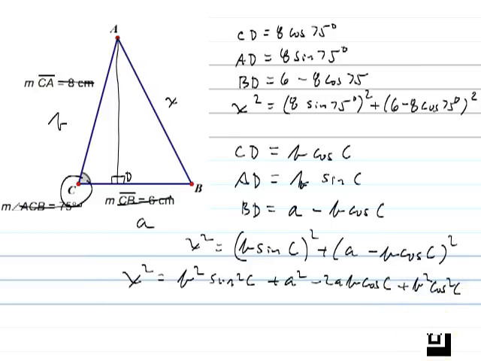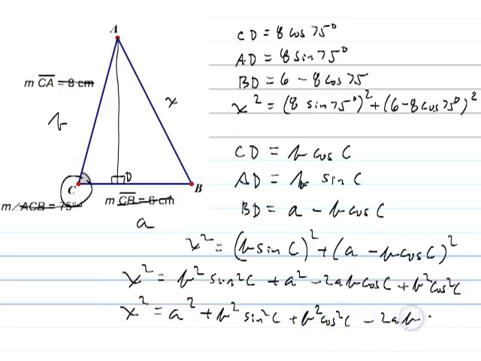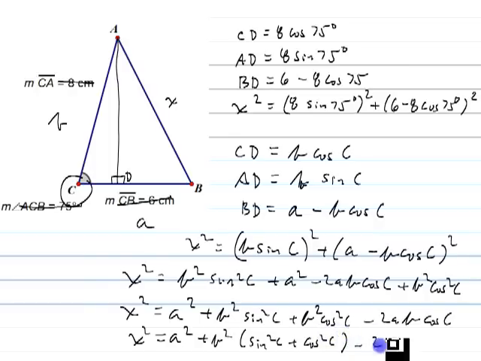Well, it looks like it's gotten even uglier. But there is something nice that will happen. If I rearrange it, I can factor out the b squared from the second and third terms.